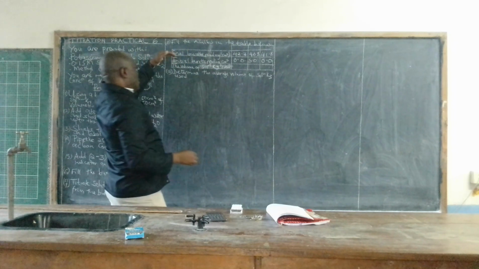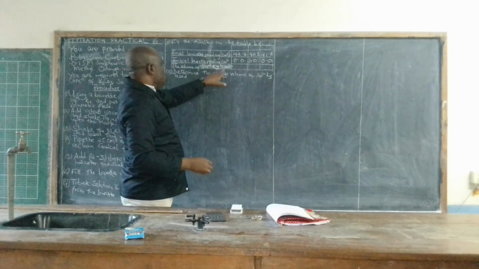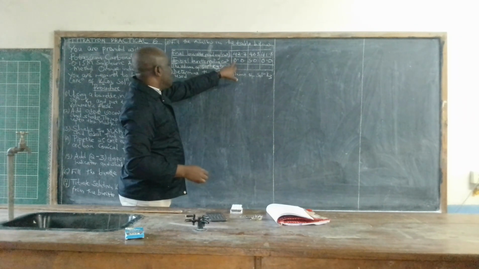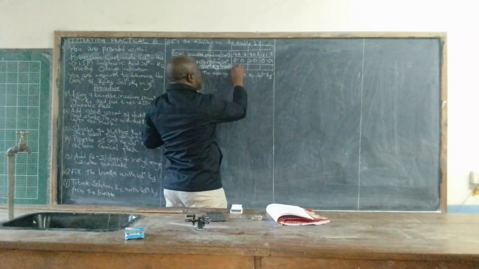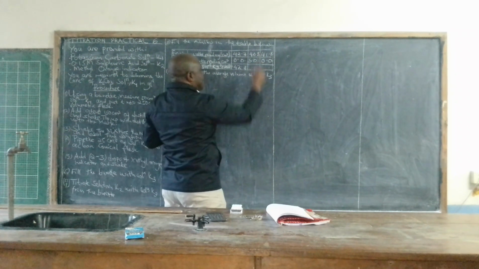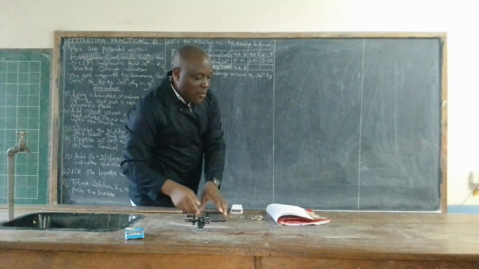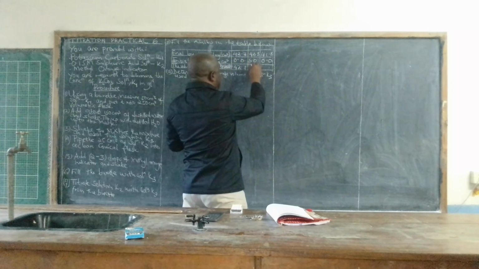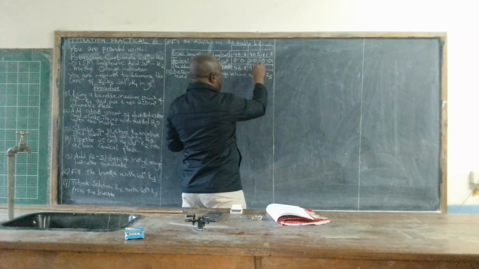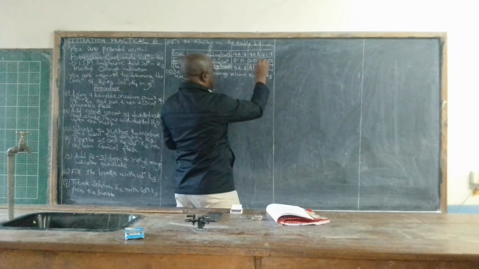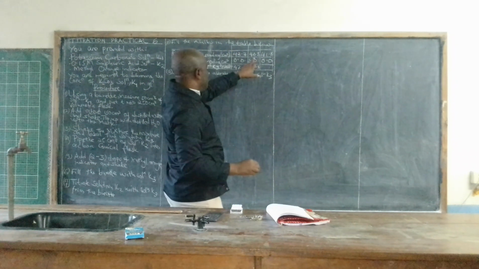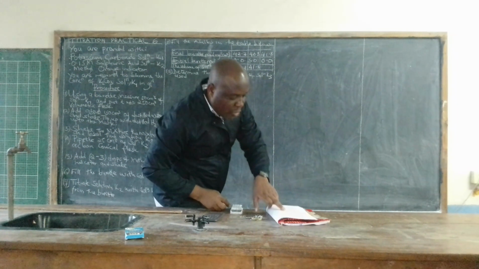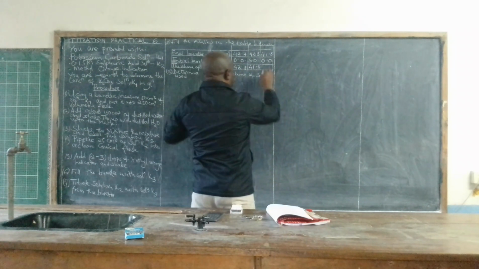So, if you want to get the volume of the solution K3 used, we are going to subtract the initial volume from the final volume. So we are going to get 42.7, and then here, if we do our mathematics clearly, we are supposed to get 41.8, and then this one 41.8.